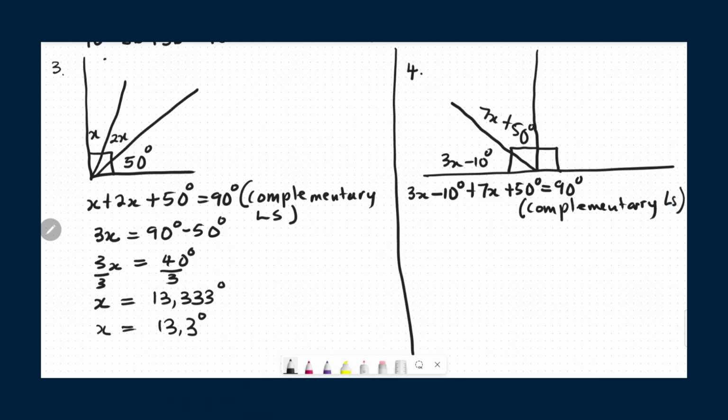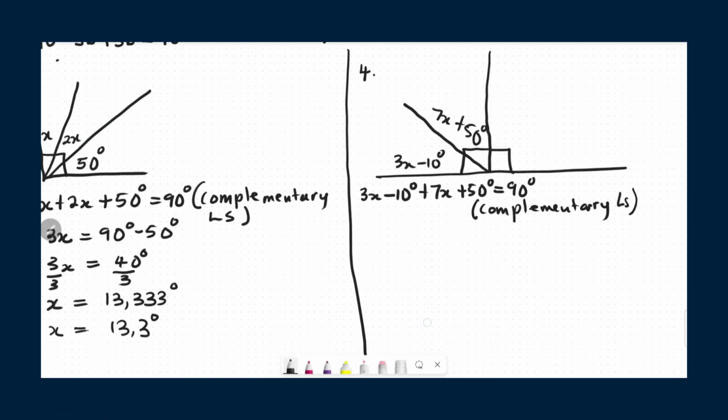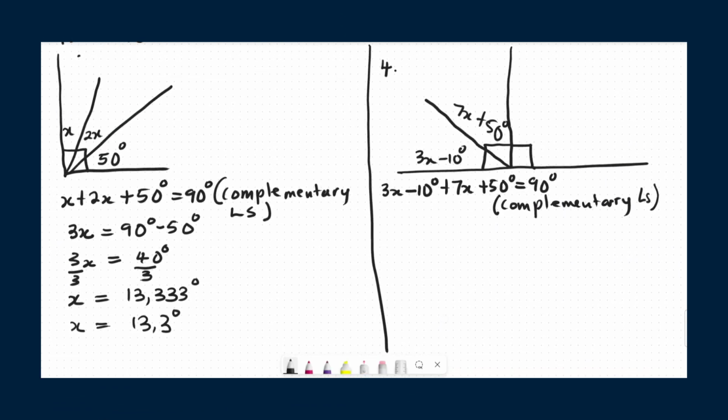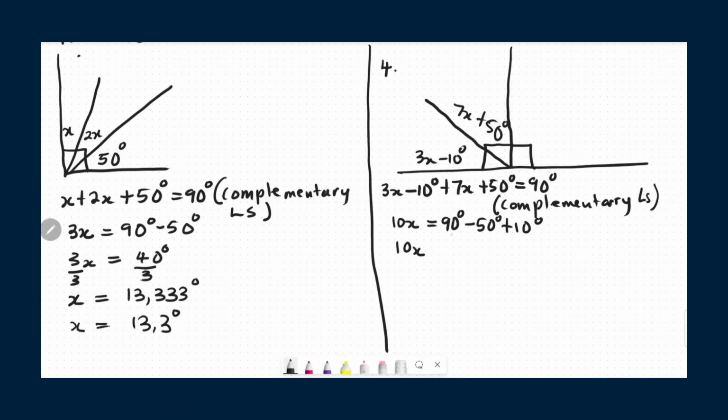Then I've got 3x plus 7x, that's 10x, is equal to 90 degrees minus 50 degrees plus 10 degrees. So 10x is equal to 90 minus 50, that's 40, plus 10, that's 50 degrees.